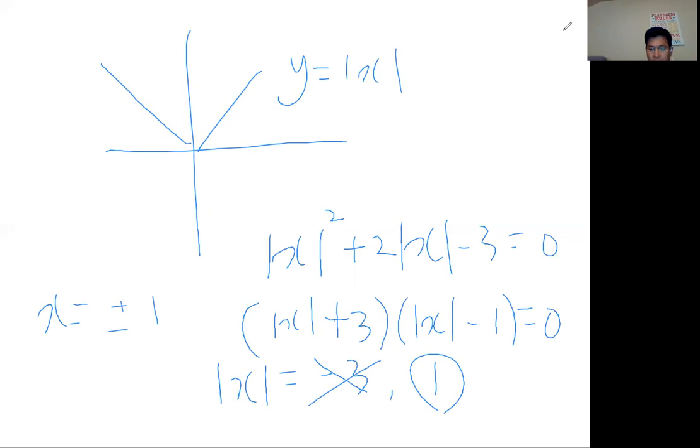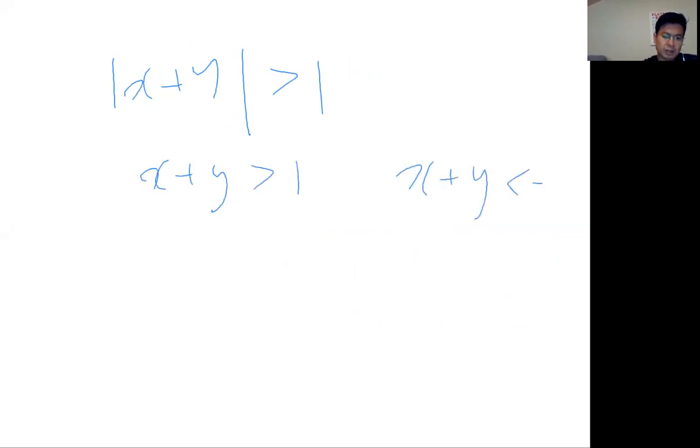On the next page, absolute x plus y is greater than 1. So this is open to the x and y side. That means greater than the greater one, less than the lesser one. So x plus y is greater than 1, and x plus y is less than negative 1. So two inequalities you can find: y is greater than negative x plus 1, and y is less than negative x minus 1.